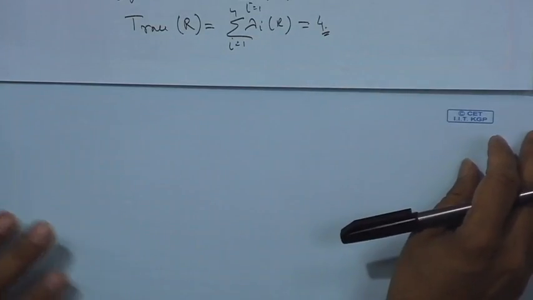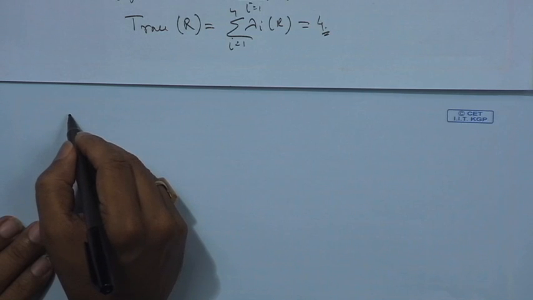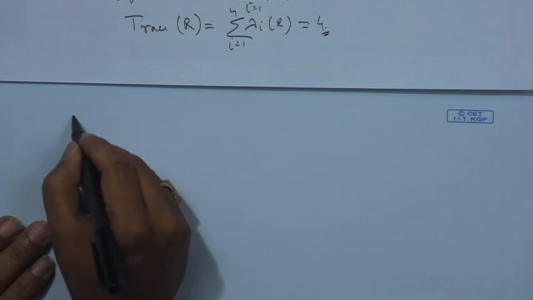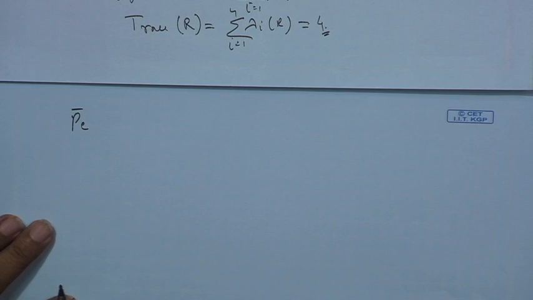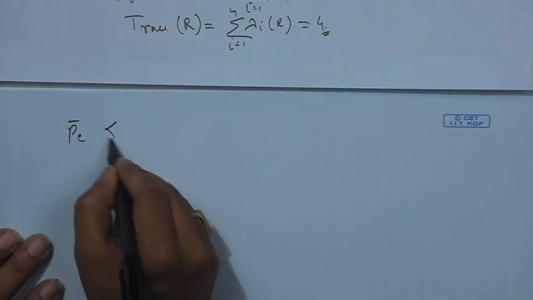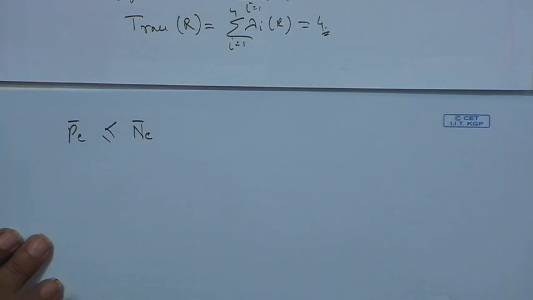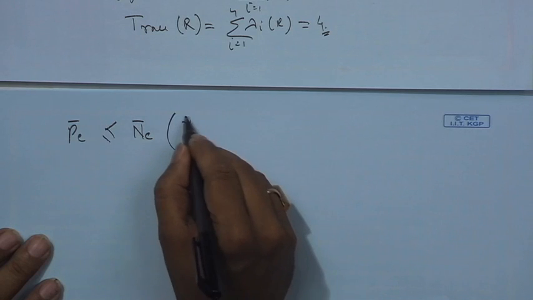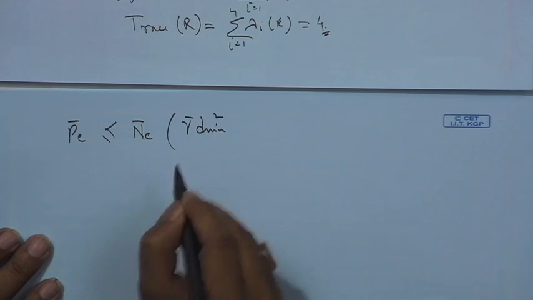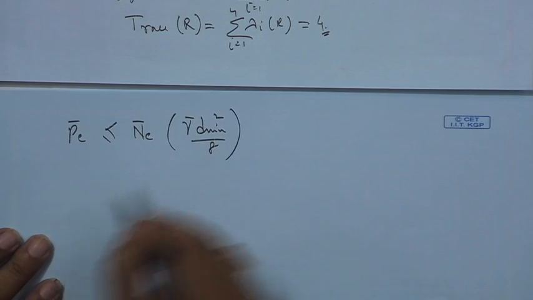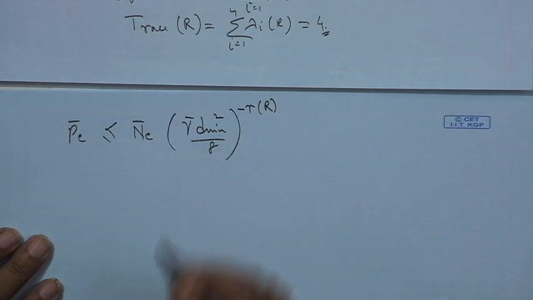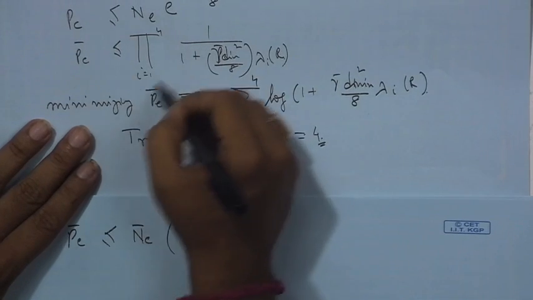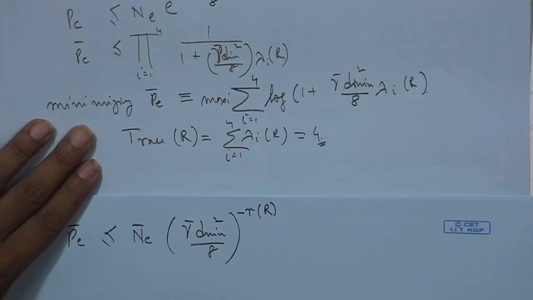Moving forward, we would like to see that the error probability expression Pe bar is less than or equal to gamma bar d min squared upon 8 raised to the power of rank of R, because you have this product in the case of correlation. We're going to 4, assuming there are 4 independent branches.